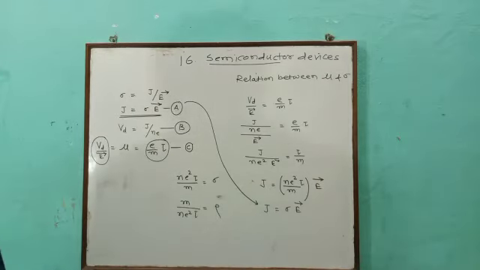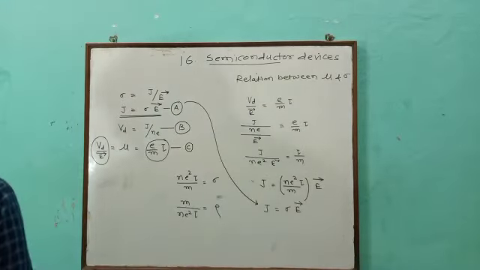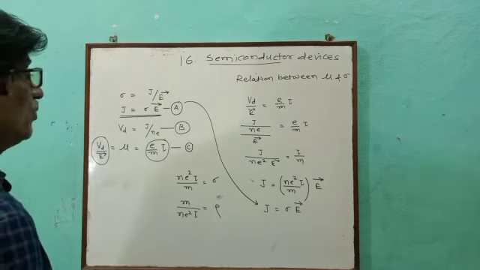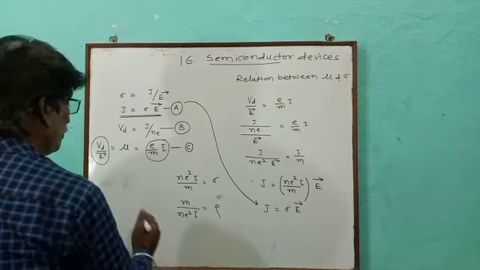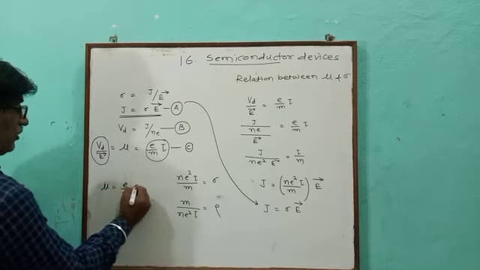But here we want to find the relation between mu and sigma. For finding the relation between mu and sigma, we know that mu is equal to e upon m into tau.